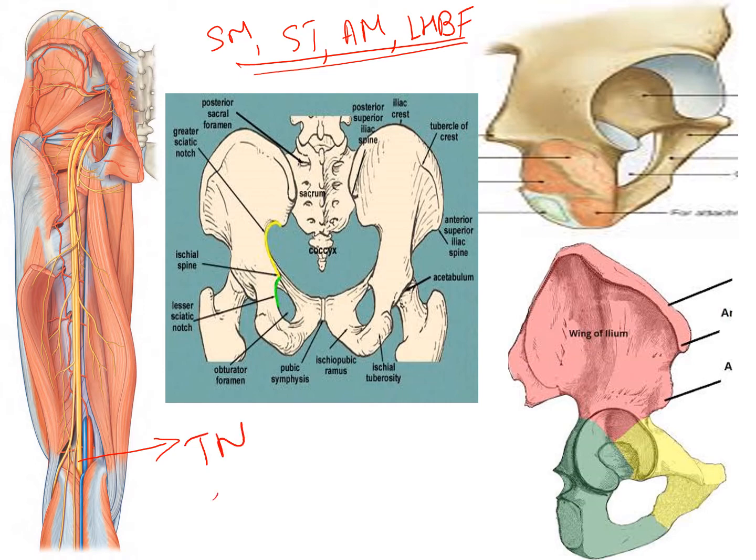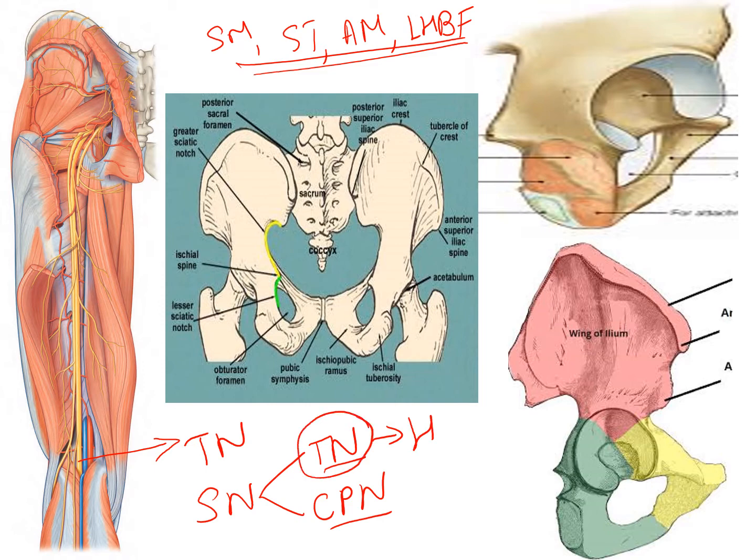We know that the sciatic nerve has two components, the tibial nerve and the common peroneal nerve. The hamstring muscles compulsorily should be supplied by this tibial nerve. So that is the first rule followed by the hamstring muscles.